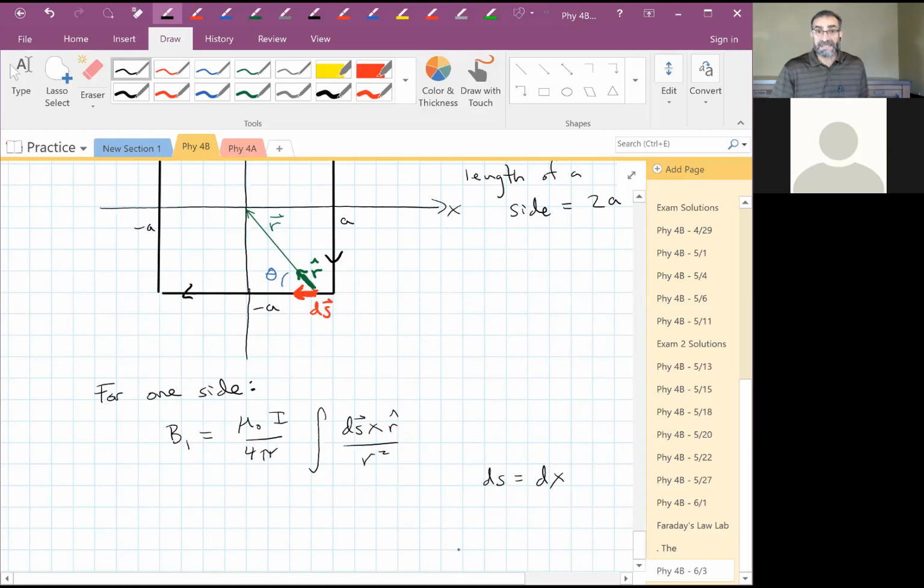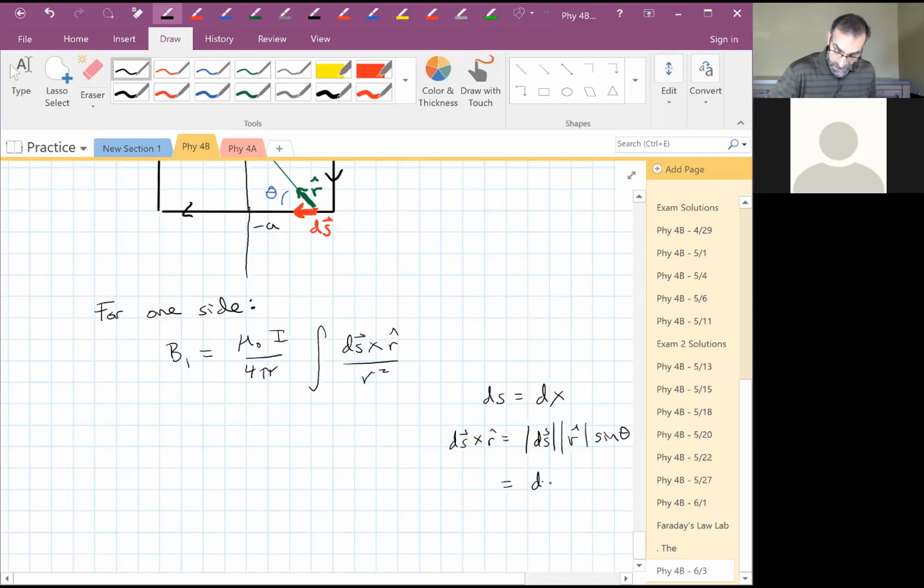We'll use dx because it's aligned with the x-axis, right? ds cross r hat is going to be the magnitude of ds, the magnitude of r hat, and the sine of the angle when we put their tails together.